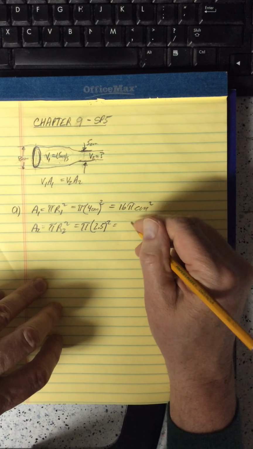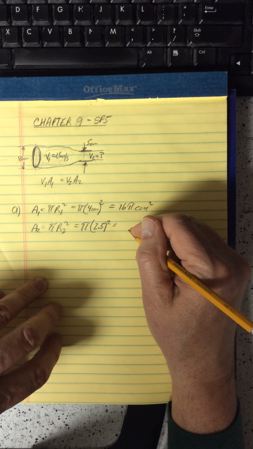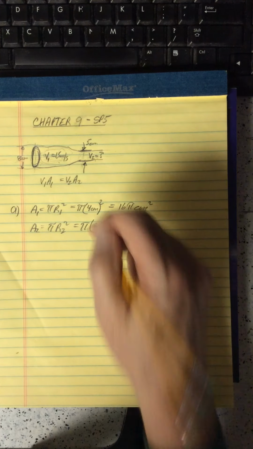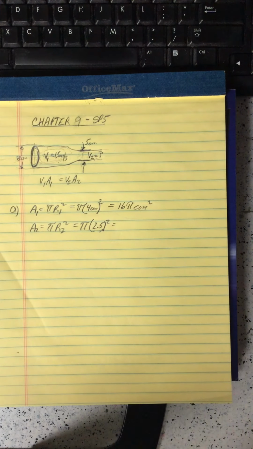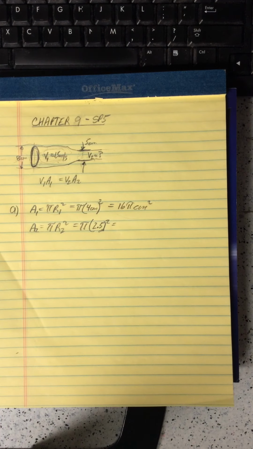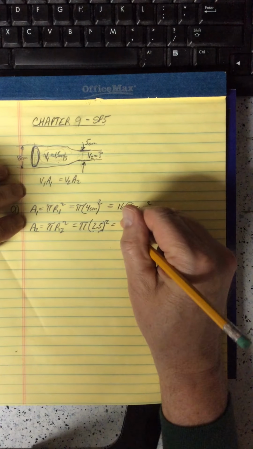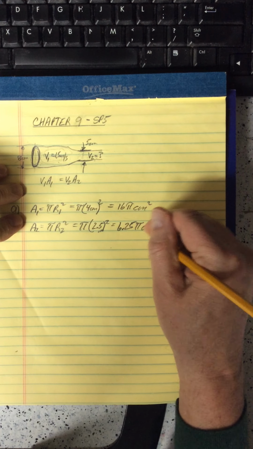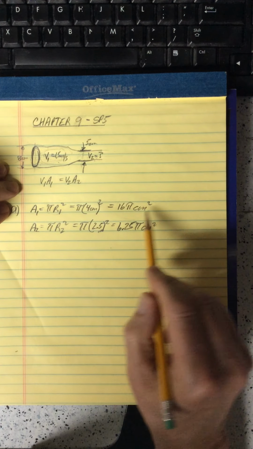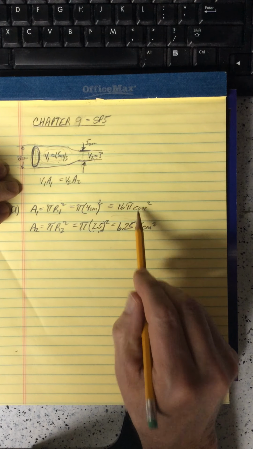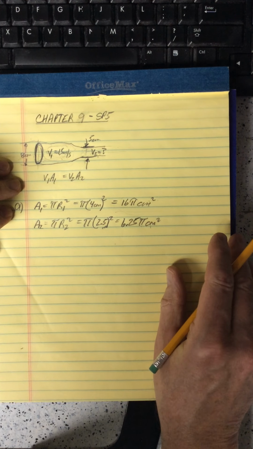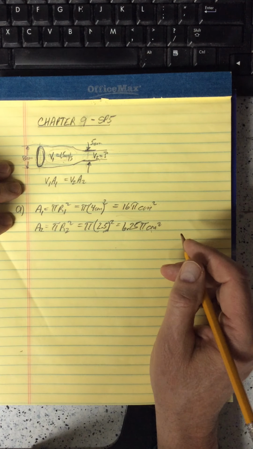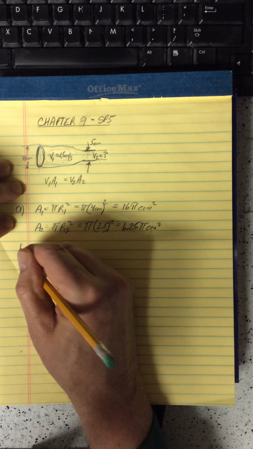So our answer is 6.25 pi centimeters squared. Just notice that if we did divide these, the pi's would go out, the centimeters squared would go out. That's why I'm leaving it. I'm betting we're going to have some cancellations going out. So that's the answer to A.